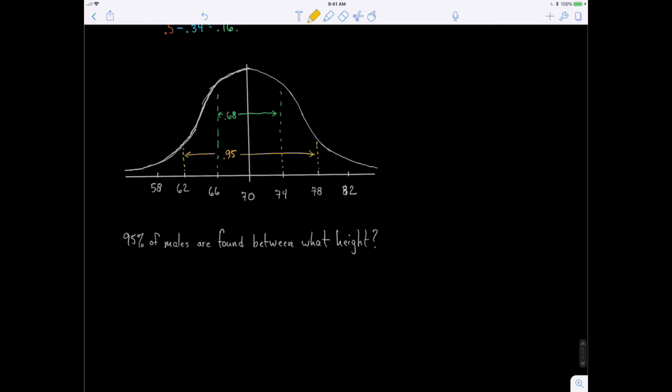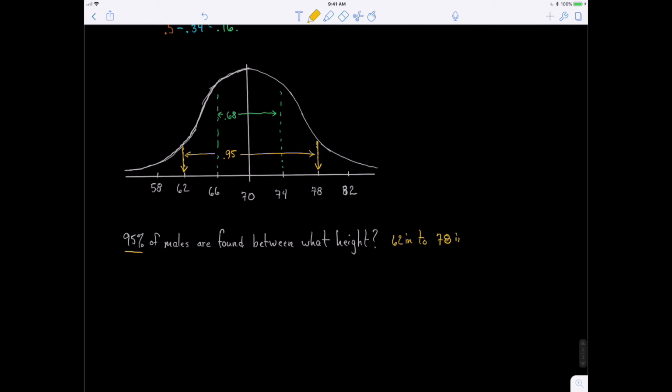But wait a minute, that's what the question was asking. So now we can just come here and look down, and there are our heights. So we could say 95% of males are between what height? The answer would be 62 inches to 78 inches.